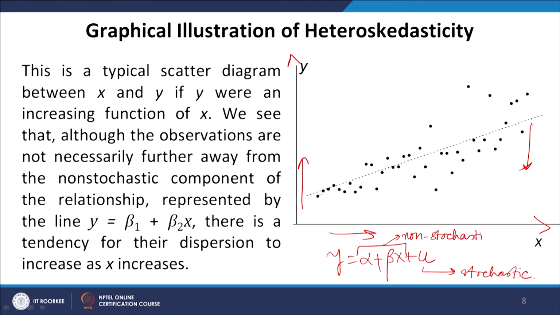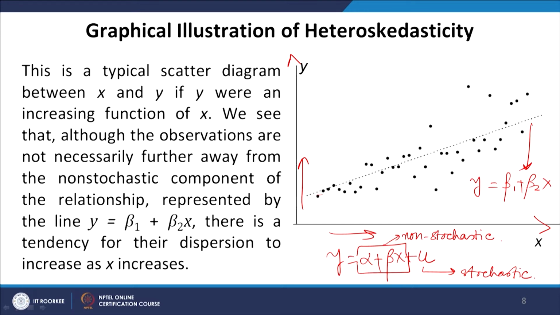Essentially, through all these estimation processes, we are trying to estimate this non-stochastic component, which is y equals beta 1 plus beta 2 x, or alpha plus beta x, whatever you call it.